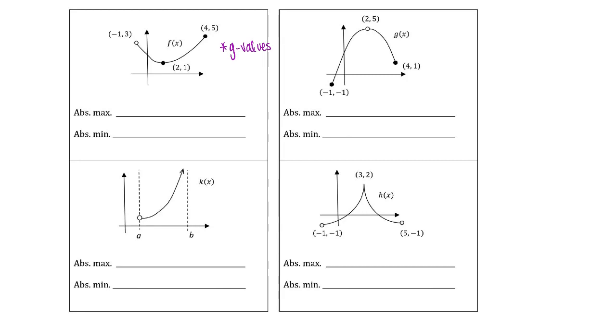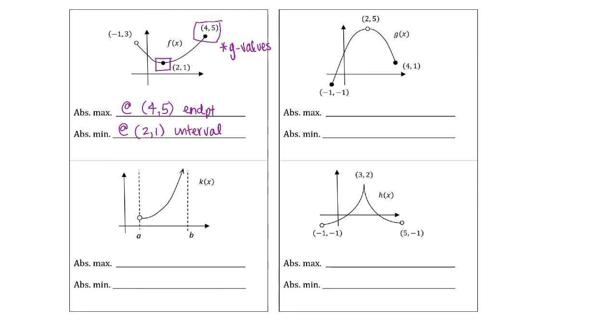So our absolute max for number 1 is going to occur at the ordered pair 4, 5. And notice this is at an endpoint. The absolute min, or the lowest point on that graph, is going to be here at the point 2, 1. And notice that is inside the interval.